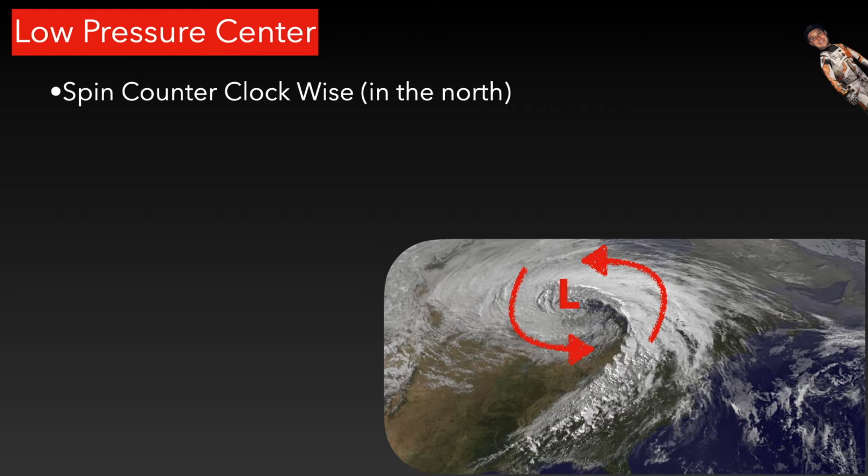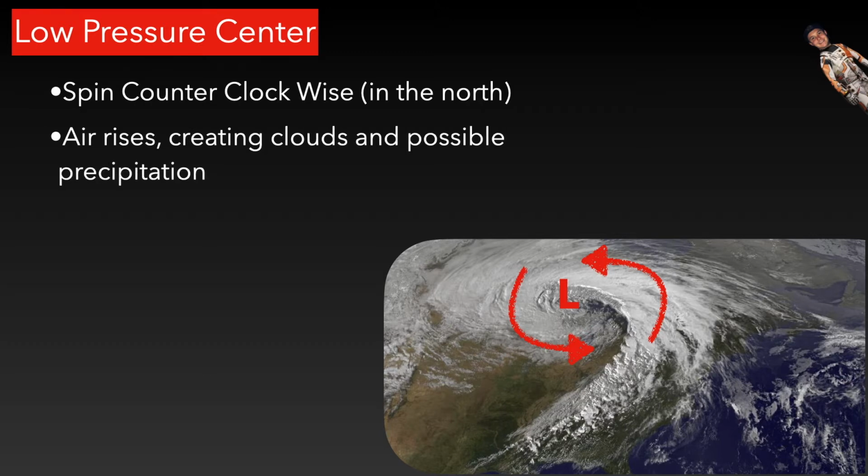When you look at the actual motion of the clouds, you can see how they also show that same counterclockwise motion around the center of that low. At a low pressure center, air is rising, which creates clouds and precipitation. Precipitation is anything that falls from the sky, so it could be rain, snow, sleet, or hail. Any water that falls from the sky is precipitation.